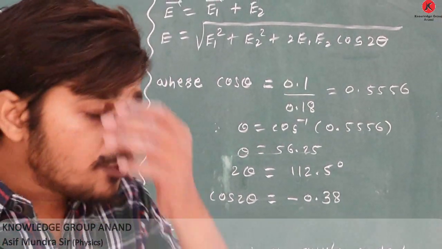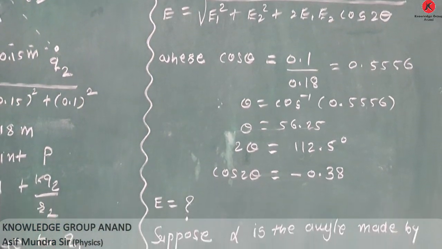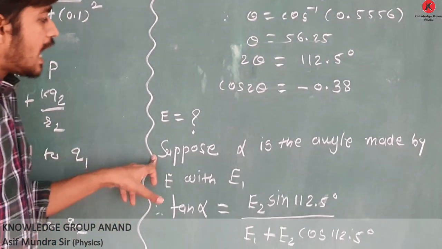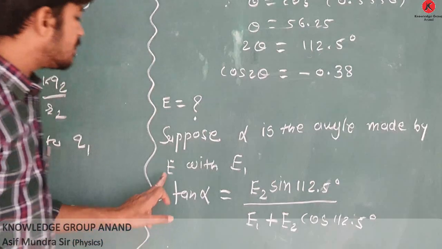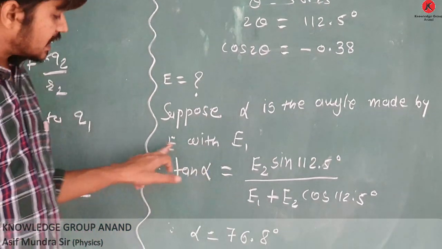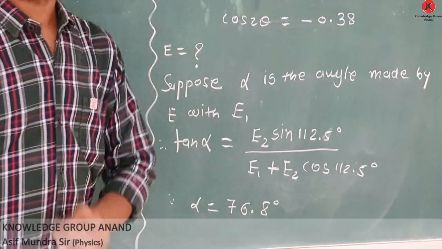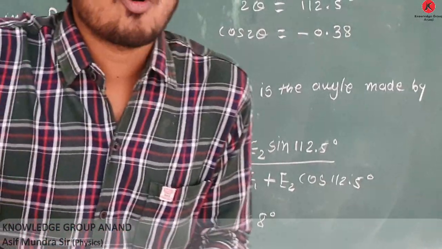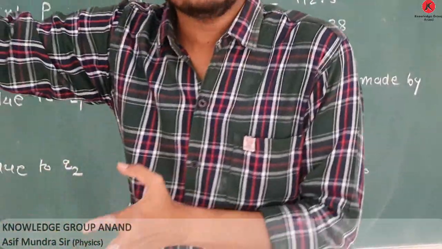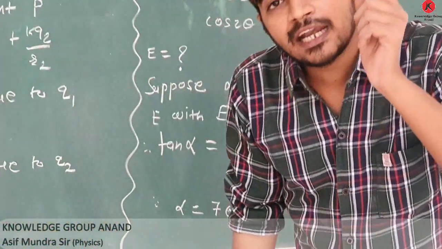Okay. Now what about direction of E? See, we are assuming that suppose alpha is the angle made by resultant electric field with E1. As we have already studied in 11th, law of parallelogram.